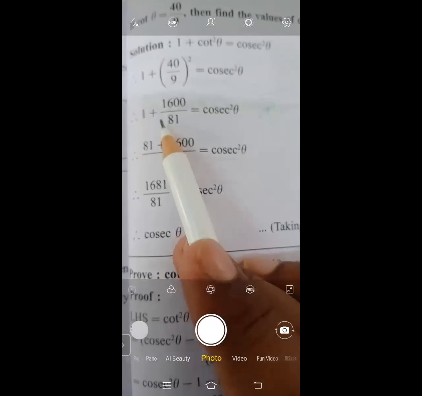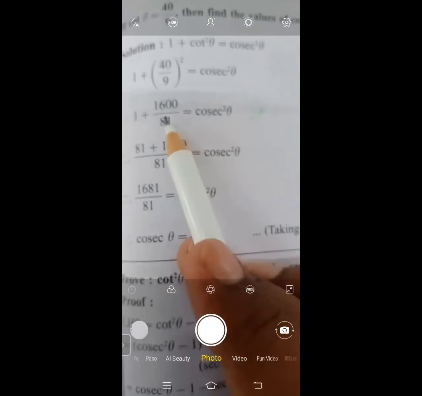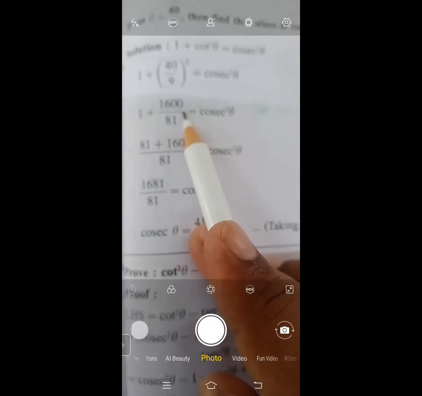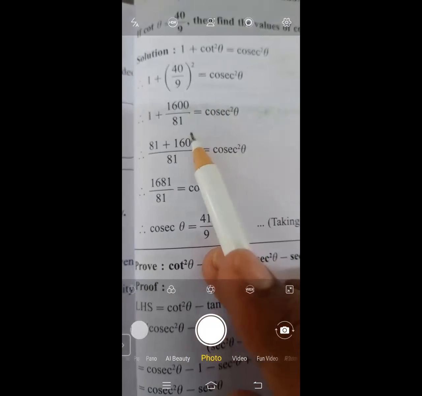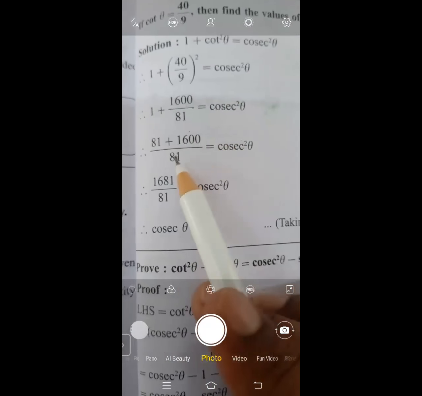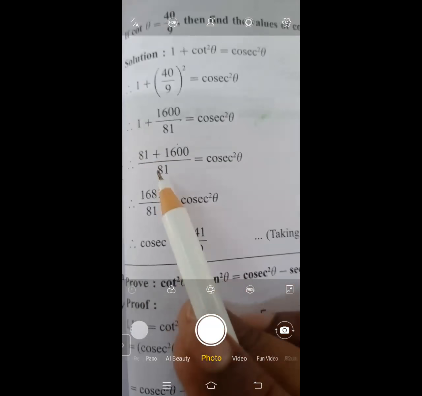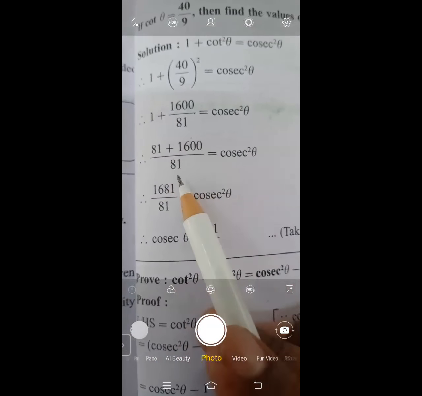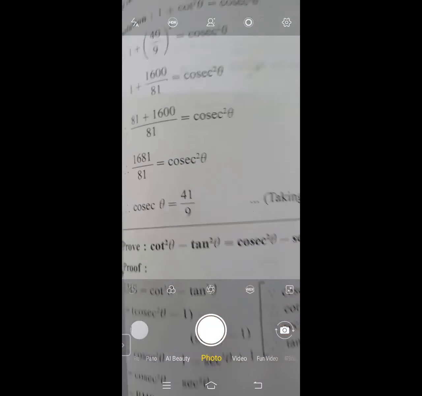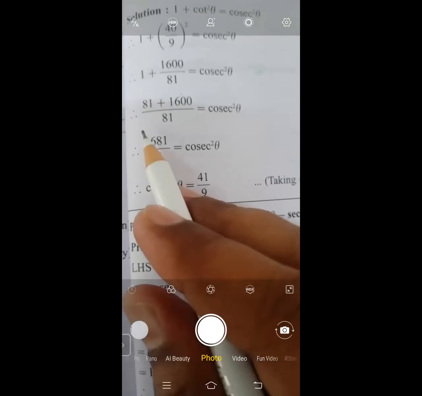So 1 plus 40 square is 1600 divided by 9 square is 81 equals cosec square theta. So 81 plus 1600 divided by 81 equals cosec square theta. So the value is 1681 divided by 81 equals cosec square theta. Now cosec theta is equal to 41 upon 9 by taking the square root.